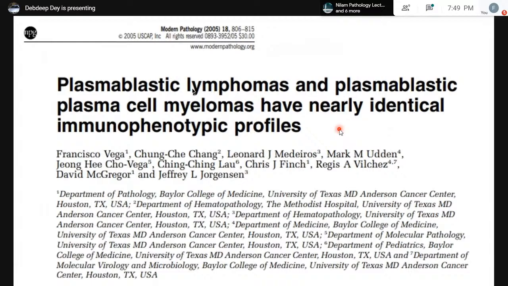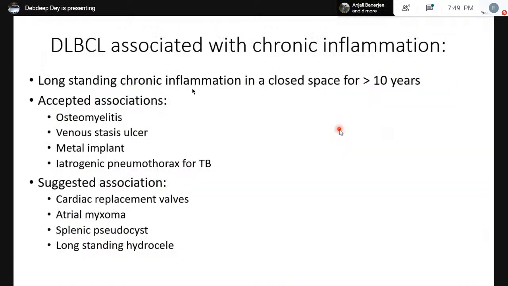This is because a plasma cell myeloma will present with bone lesions, whereas a plasmablastic lymphoma will present with lymph nodes, and other clinical and biochemical characters of myeloma will be present.